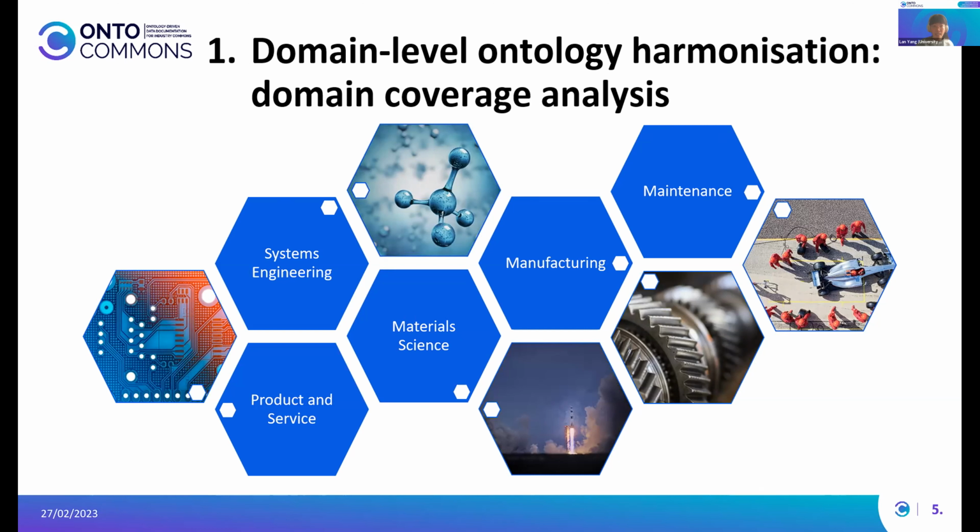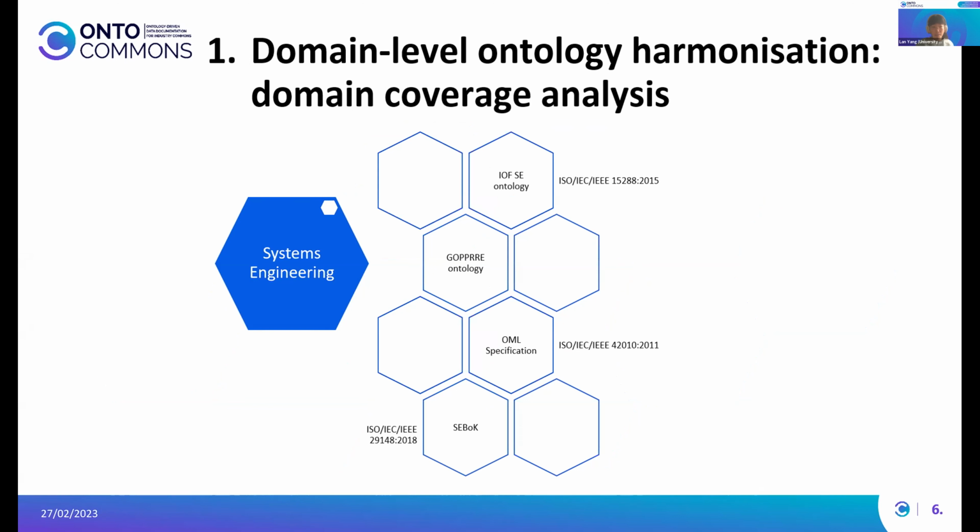The 5 focus areas have separately carried out some domain coverage analysis and bridge concept engineering activities. In systems engineering, we found a very limited number of ontologies. Among them, we found the IOF systems engineering ontology and the GoPre ontologies, which are relatively mature.